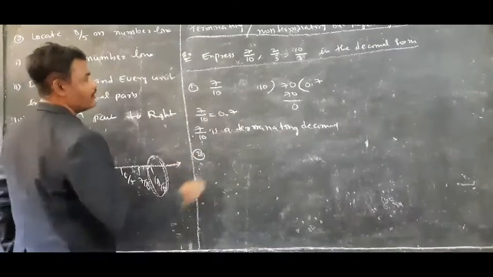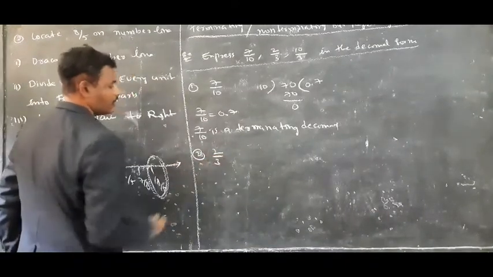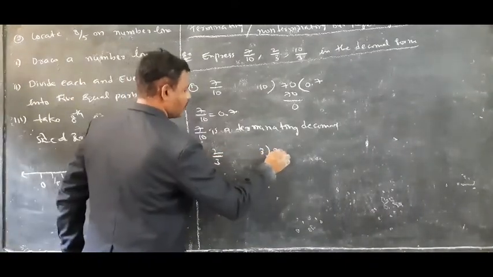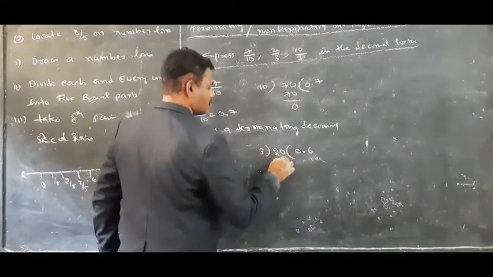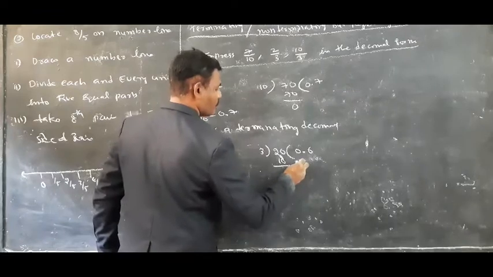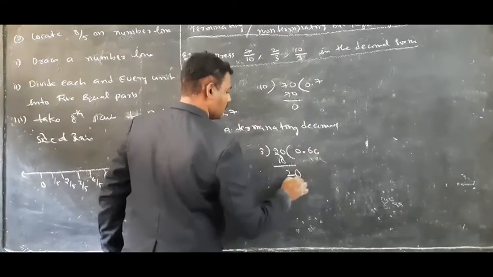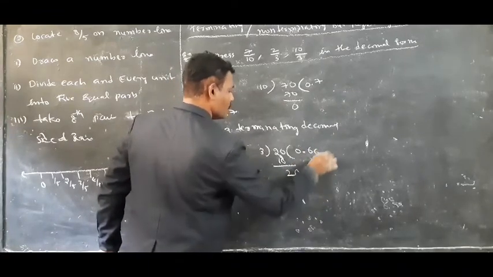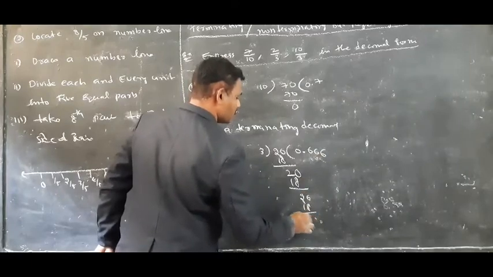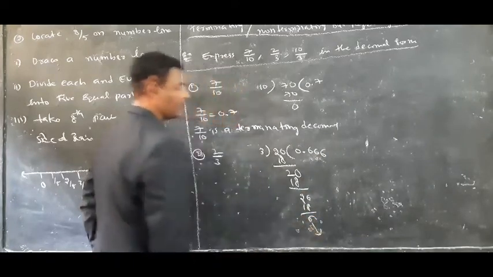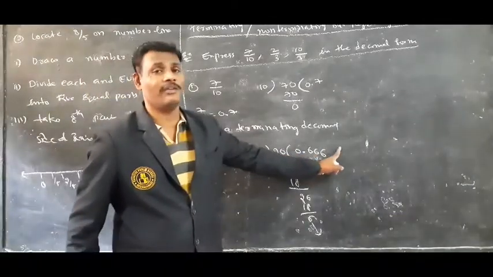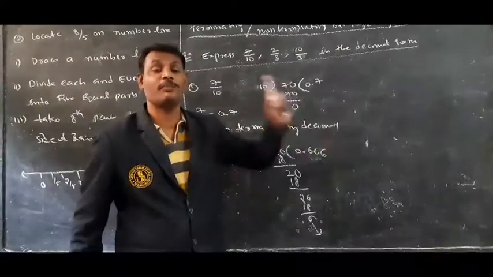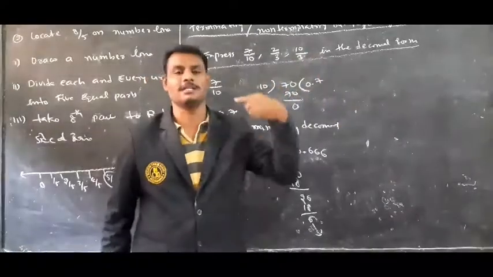Second one, 2 by 3. It means 3 into 2. 0 point, 3 sixes are 18, remainder 2. Again 3 sixes are 18. See here, I am not getting remainder 0, but 6 is repeating every time. Yesterday we discussed period and periodicity.